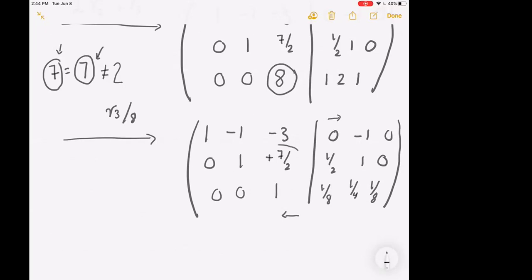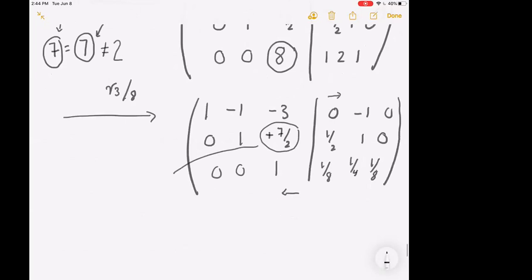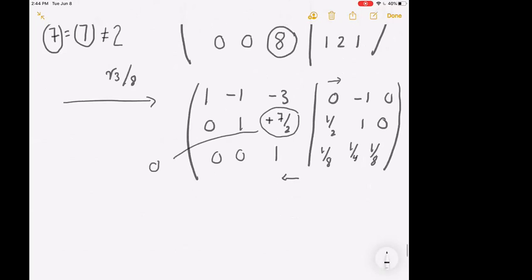Okay, the next thing is to turn the matrix element in the second row and third column into 0. So a way to do that is to take a Xerox copy of row 3, multiply it by minus 7 over 2, and add that result to row 2.